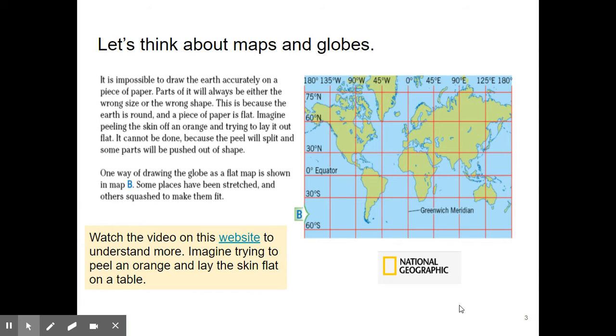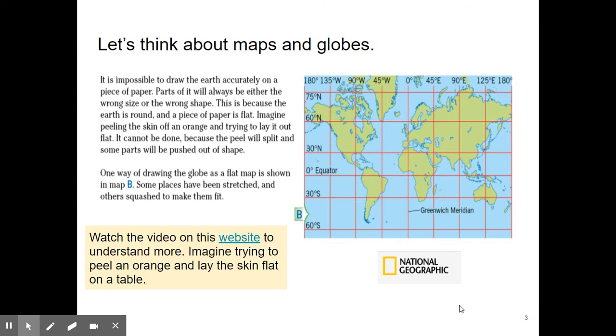Before we start thinking about that, I just want you to think about what a map is. A map is actually a flat picture of a round planet.